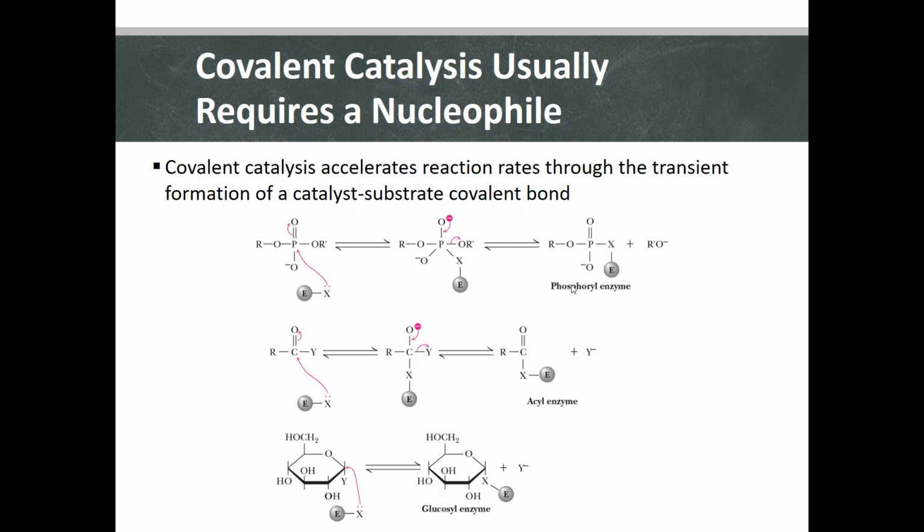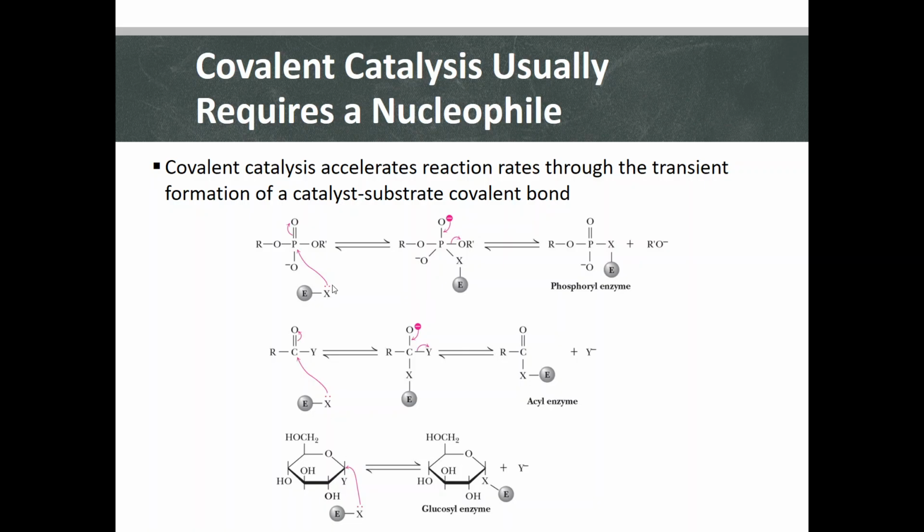So in this figure that I'm showing you, I've highlighted the phosphoryl option, the acyl option, as well as the glycosyl option. In all cases, you have an electrophilic center, whether it be your phosphorus, your carbonyl carbon, or in this case, though we haven't talked about it, your anomeric carbon in a monosaccharide.